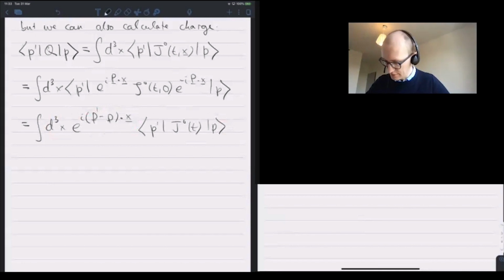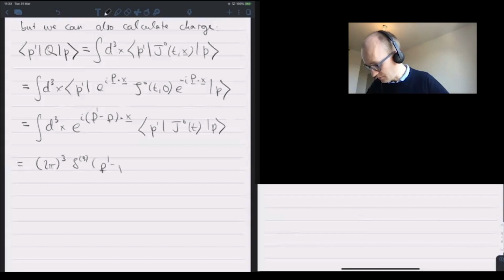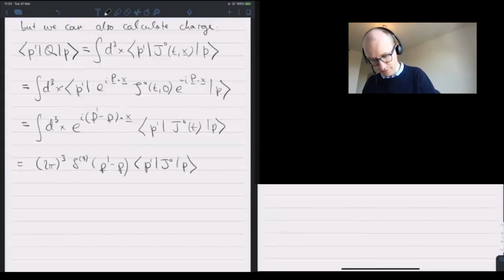So putting in factors of pi, we get 2 pi cubed the 3D delta function p primed minus p times the matrix element p primed j0 p, getting more and more sparse in my notation on the j0, but of course the arguments are implied by the line before.